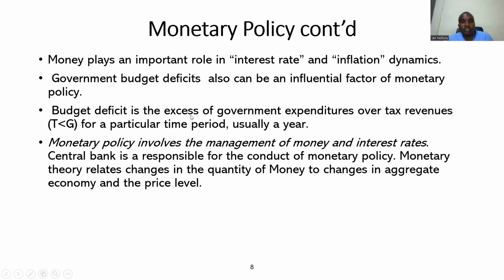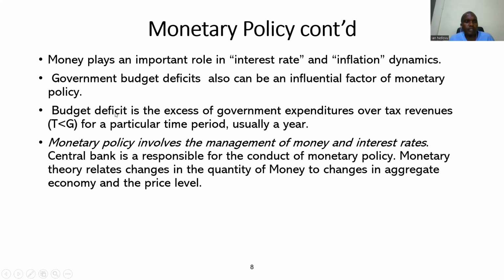A budget deficit is a situation where government expenditure is more than tax revenues for a particular time period, usually a year. Monetary policy involves the management of money and the interest rates. The central bank is the one which supervises or initiates and implements monetary policy in an economy.